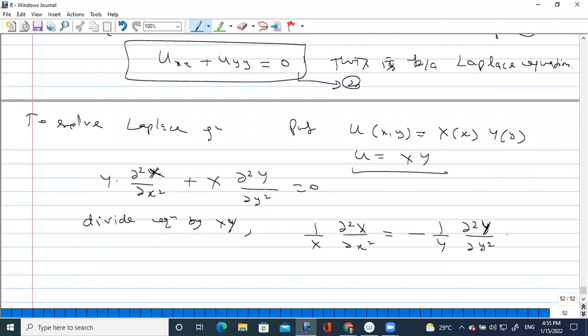This is capital Y. Now this is independent, this is independent, so both will be equal to some constant. So you can take here lambda square, suppose. So we will get two ordinary differential equations.